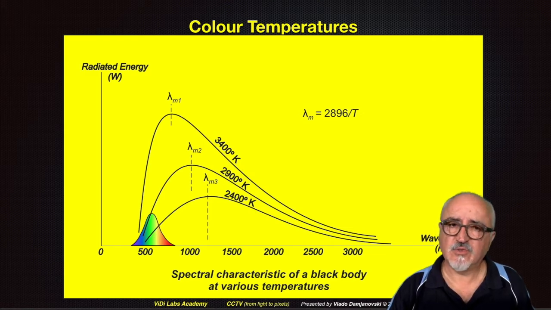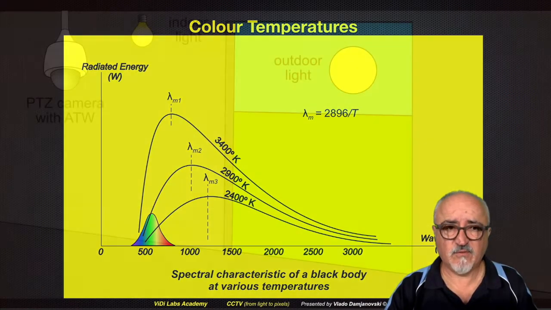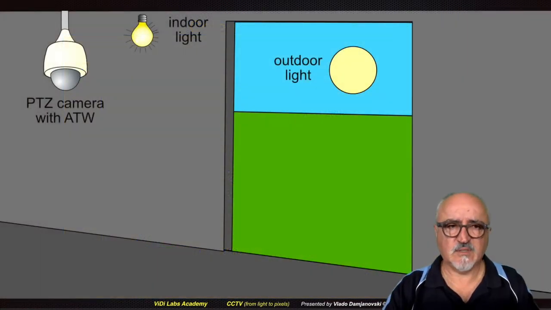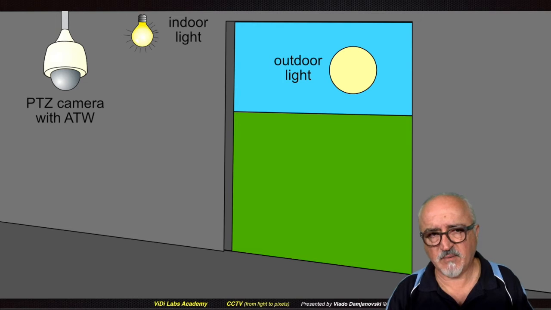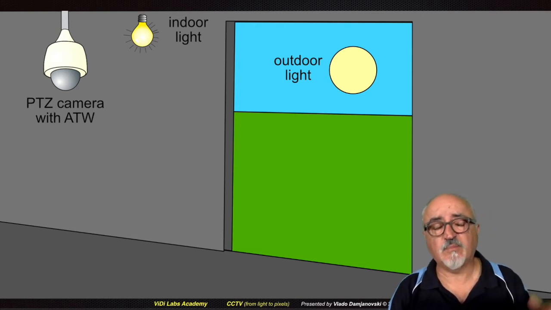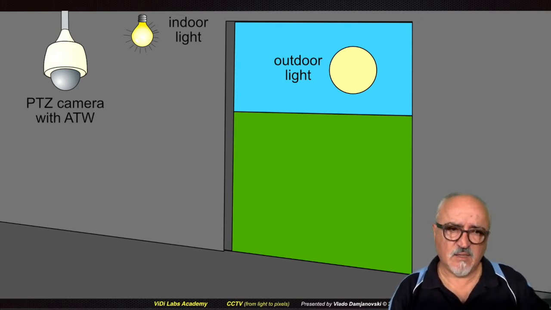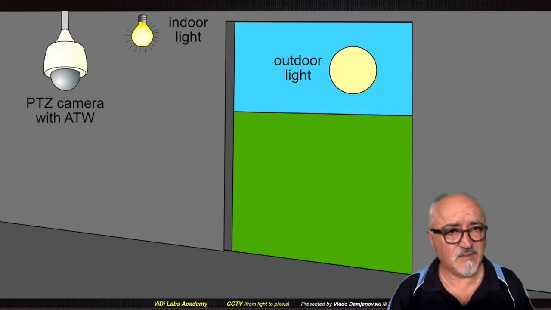When you have pan-tilt zoom cameras, you may be in a situation where the pan-tilt zoom camera looks outside, for example, and you've got a certain color temperature from the daylight. The color will be adjusted according to that, but as soon as you turn the pan and tilt towards the inside of a building, perhaps in a car park, where you've got predominant man-made artificial light, which could be fluorescent, it could be tungsten, it could be LED, it doesn't matter.